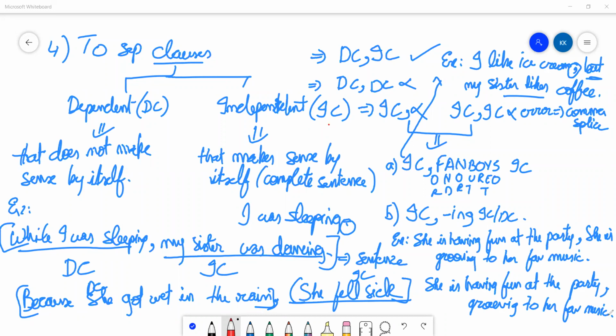Understood? Got it? So you can use a comma after an independent clause provided the next word after the comma is in the -ing form. This is nothing but the gerund form or the participle form. Got it?